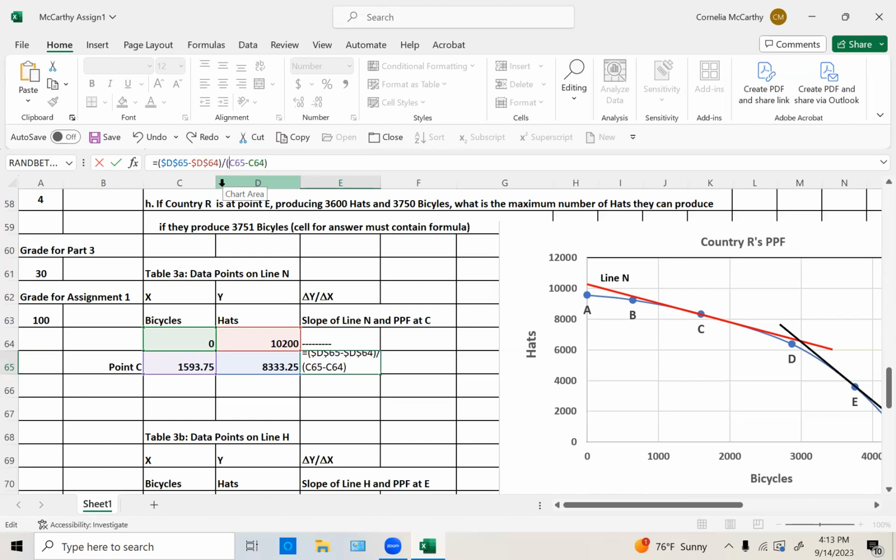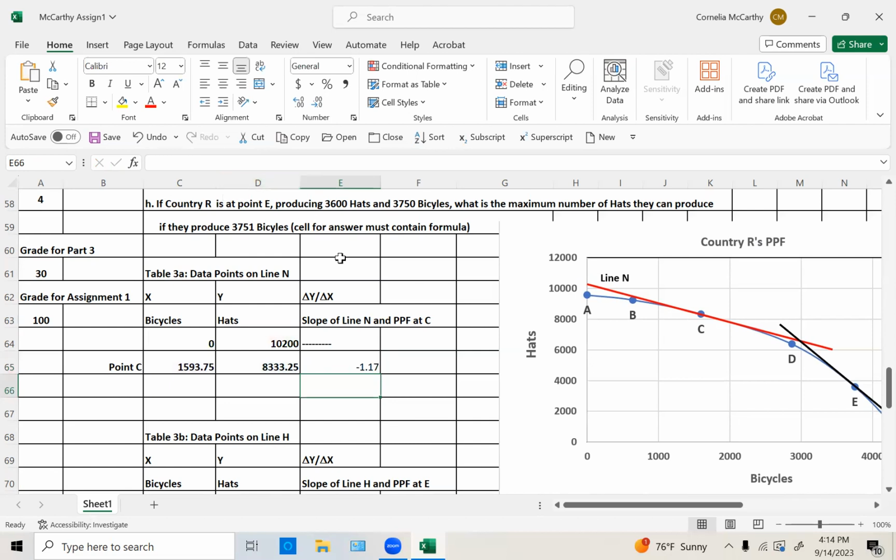So a $ sign before the C, a $ sign before 65, a $ sign before C, a $ sign before 65, hit enter. Nothing numerically has changed, but we've made information to Excel to say, I can move this formula anywhere in the spreadsheet, and it's going to use these cells for the calculation.